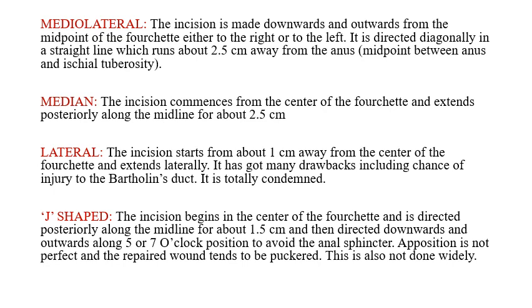Then J-shaped. Here the incision begins in the center of the fourchette and is directed posteriorly along the midline for about 1.5 cm. Thereafter, it is directed downwards and outwards along 5 o'clock or 7 o'clock position so as to avoid the anal sphincter. The apposition in this kind of episiotomy is not perfect and the repaired wound tends to be puckered.